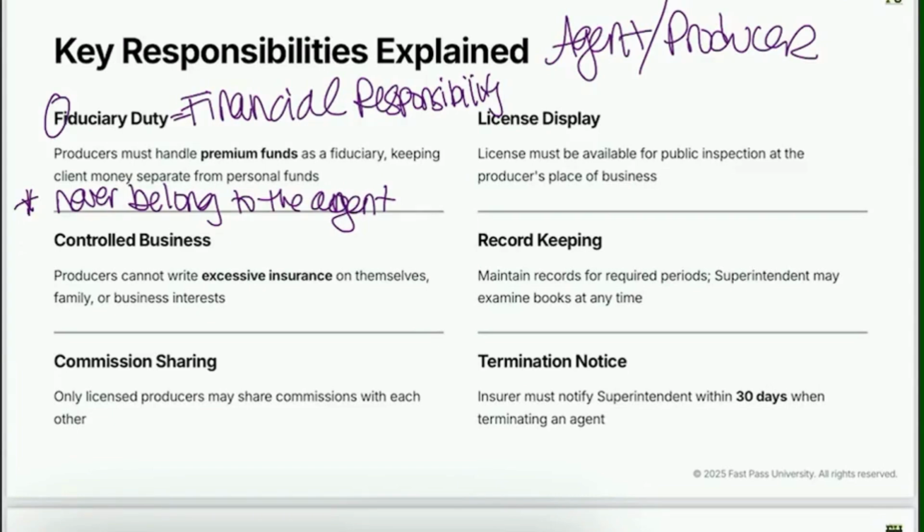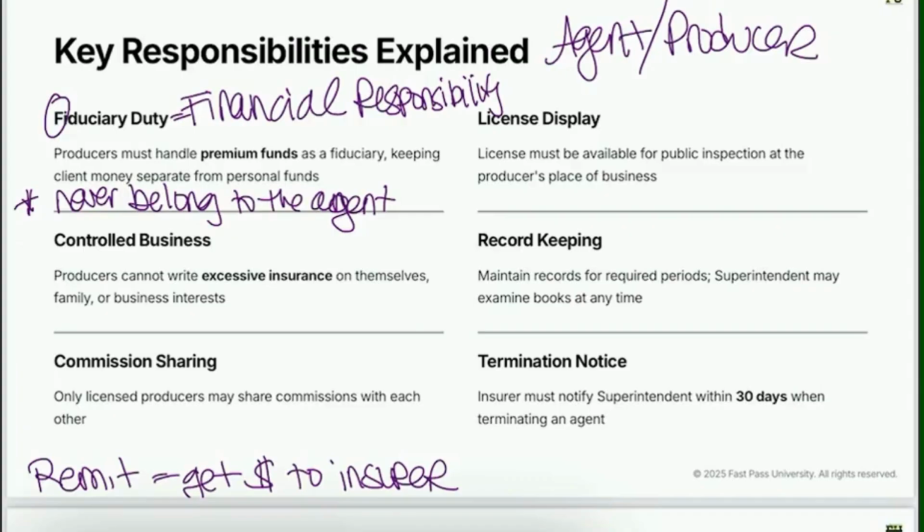When I owned my insurance agency, every day we had to drop off a deposit at the bank. We had specific deposit slips and everything, and it went into that insurance company's bank. And we had a fiduciary responsibility to do that every day at the end of the day. We also had strict timelines. Like if it wasn't there within 3 business days, we could start getting in trouble, things like that.